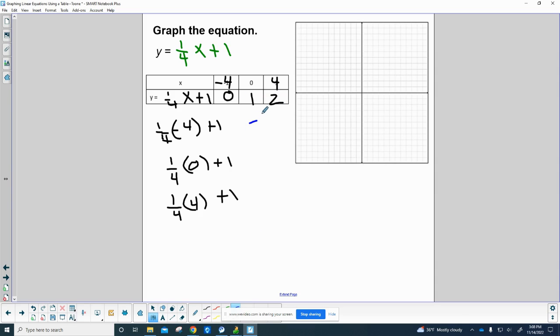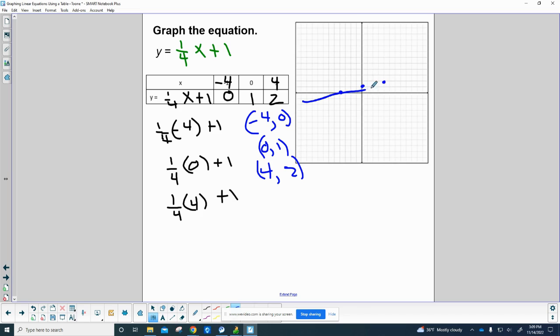So we're going to be graphing negative 4, 0. So negative 1, 2, 3, 4, 0. Then 0 and 1. And then we've got 4, 2. So we're going to go over 1, 2, 3, 4, and up 1, 2.